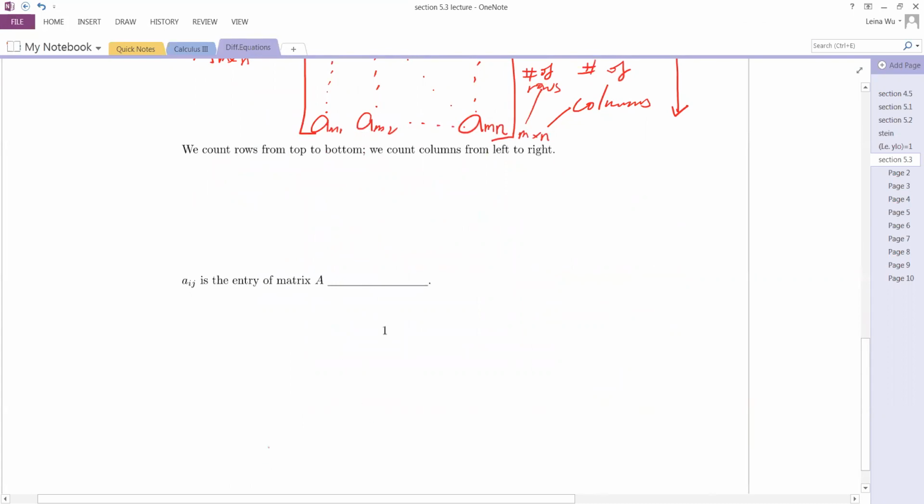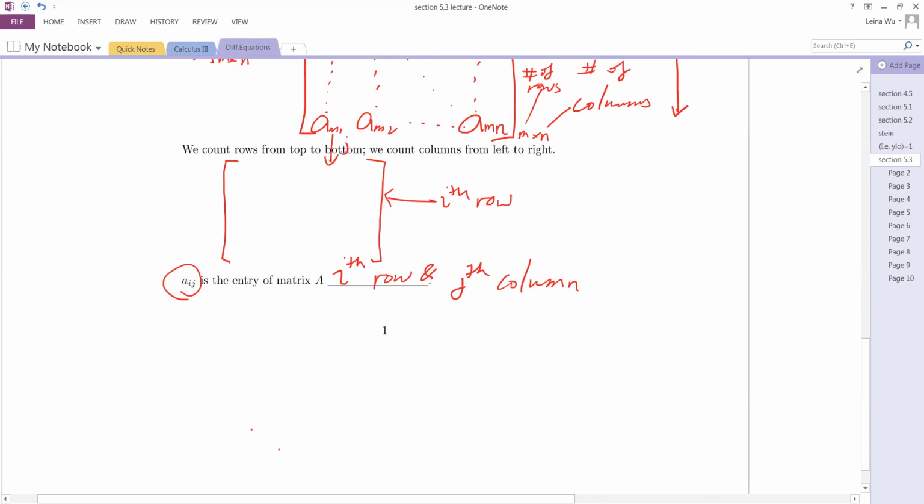When you see a_{ij}, i is the row and j is the column. So in a matrix, this is the ith row and this is the jth column. The intersection will be a_{ij}. This is pretty straightforward, right?